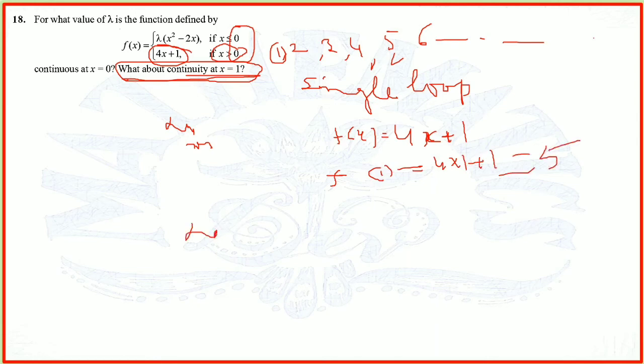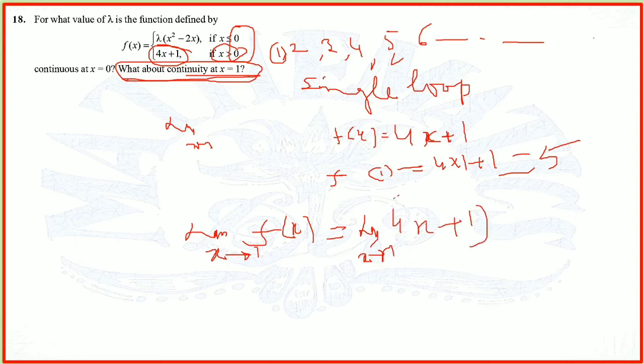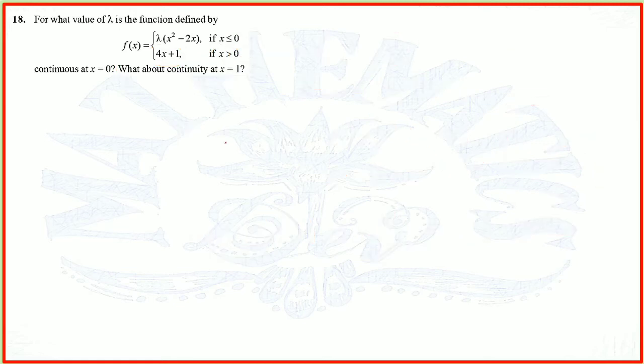Then limit x tends to 1 of f of x, what will happen? f of x is 4x plus 1, same thing as we already have done. So that is also equal to 5. So 5 is equal to 5, hence the function is continuous at x equal to 1. So that's all about this question number 18.